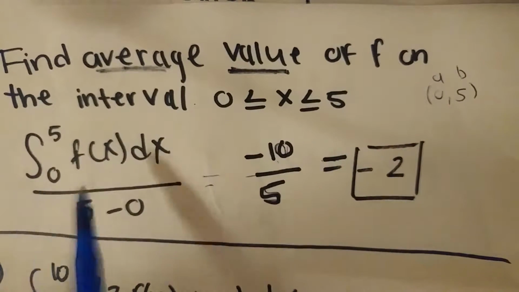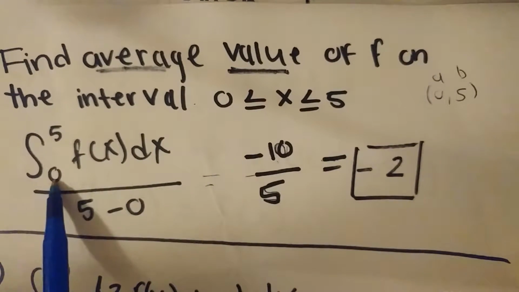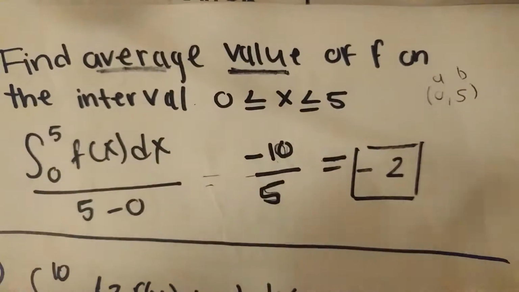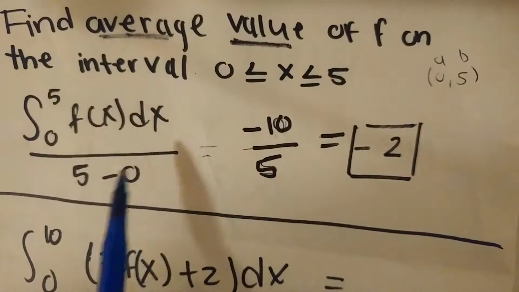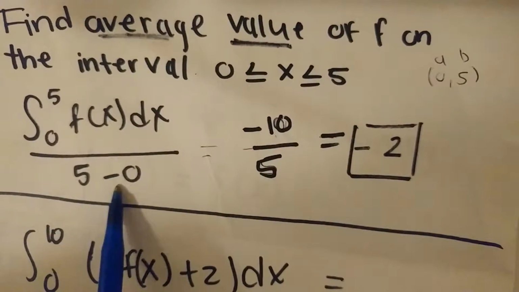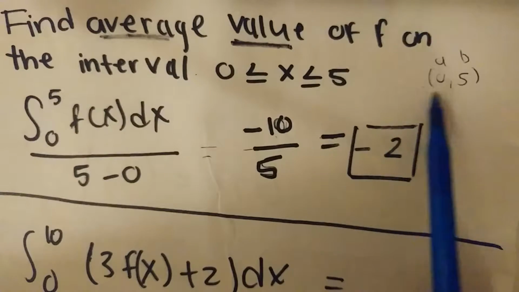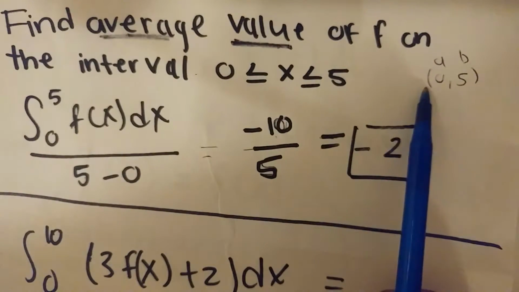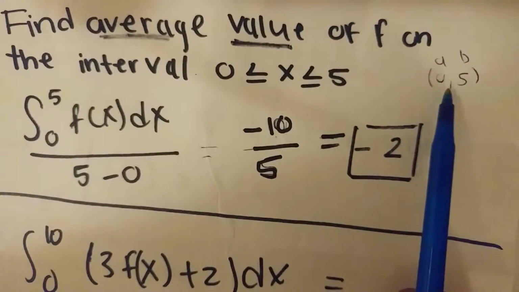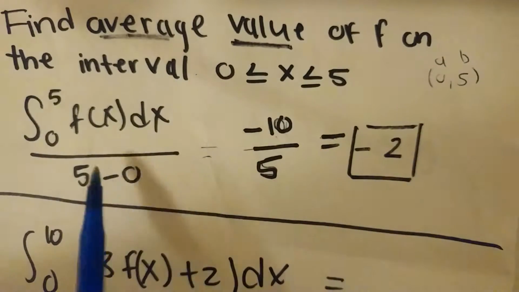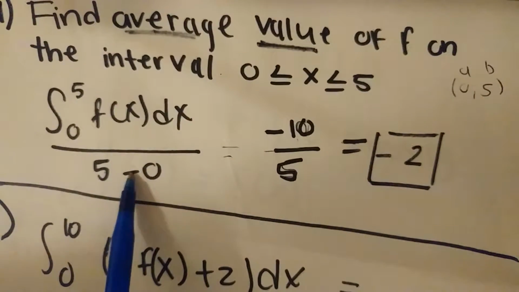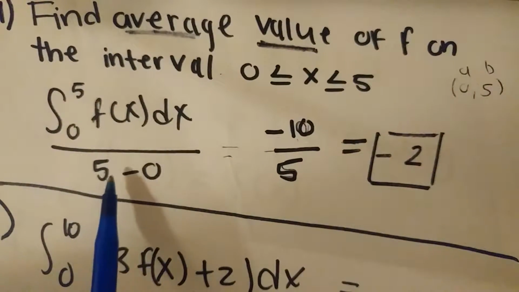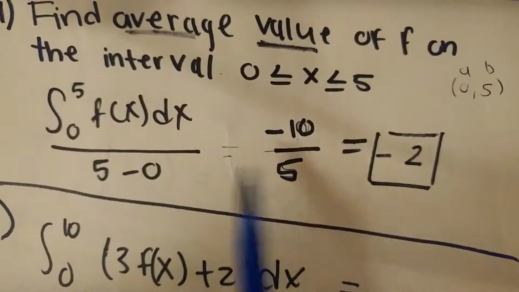So here are my bounds, integral bounds being 0 and 5 of f of x dx, and then, like I said, b minus a, 5 minus 0, because I have it one more time over here. These are the bounds 0 and 5 in a and b, and this is just what you do for average, like the average rate of change, which is basically slope.